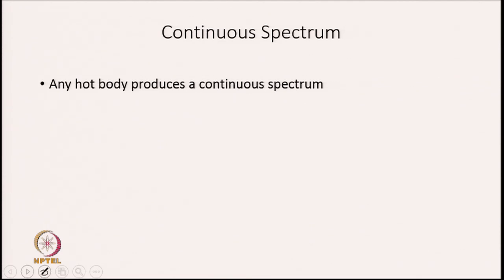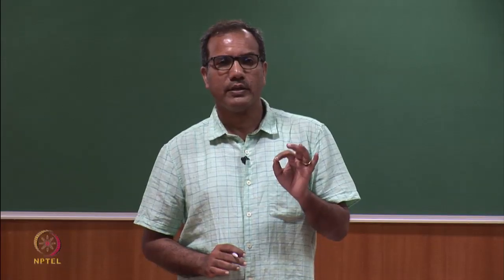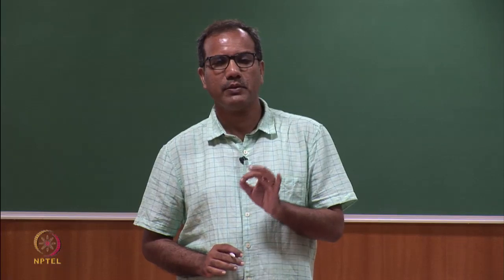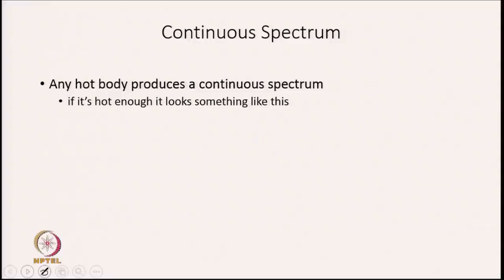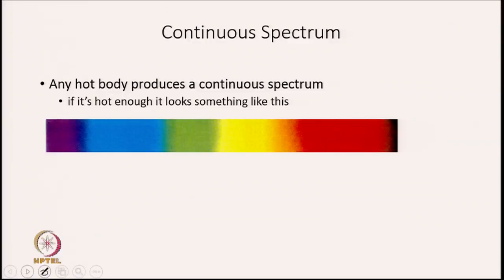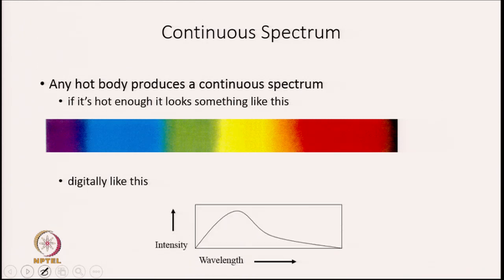When we heat a body, any hot body produces a continuous spectrum. If it is hot enough, it will look something like this. You are seeing from violet to red, light of every frequency, and digitally it will look like this.